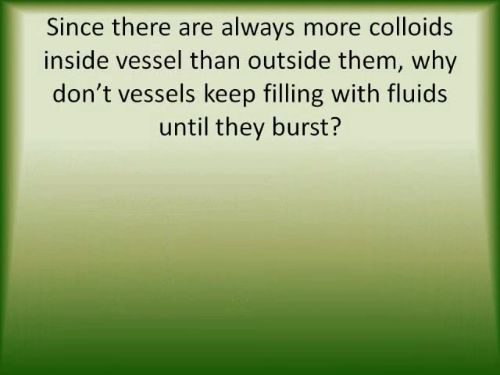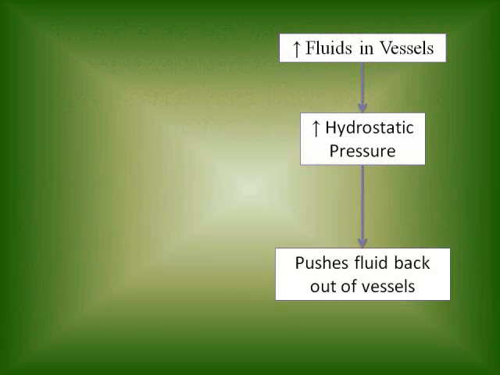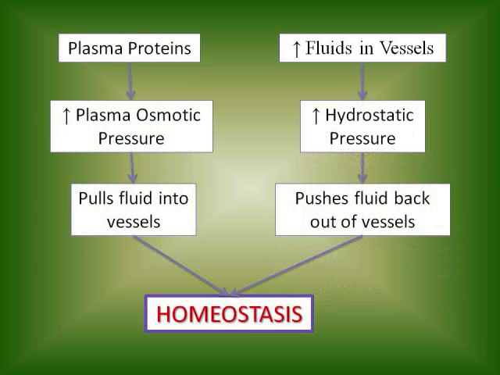Since there are always more colloids inside the vessel than outside of them, why don't the vessels keep filling with fluids and eventually burst? Well, we have increased fluids in the vessels. That means increased hydrostatic pressure, and that's pushing fluid back out of the vessels. When we put both of these arms together, you have homeostasis.